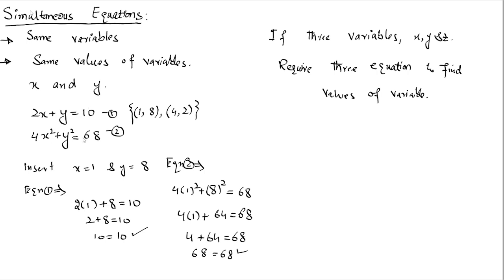These two equations can be used to find the values of x and y, and I will solve the same example in my next session. If we have three variables, then we will require three equations, and so on. It's simple to say that for the number of variables to find, we need the same number of equations.